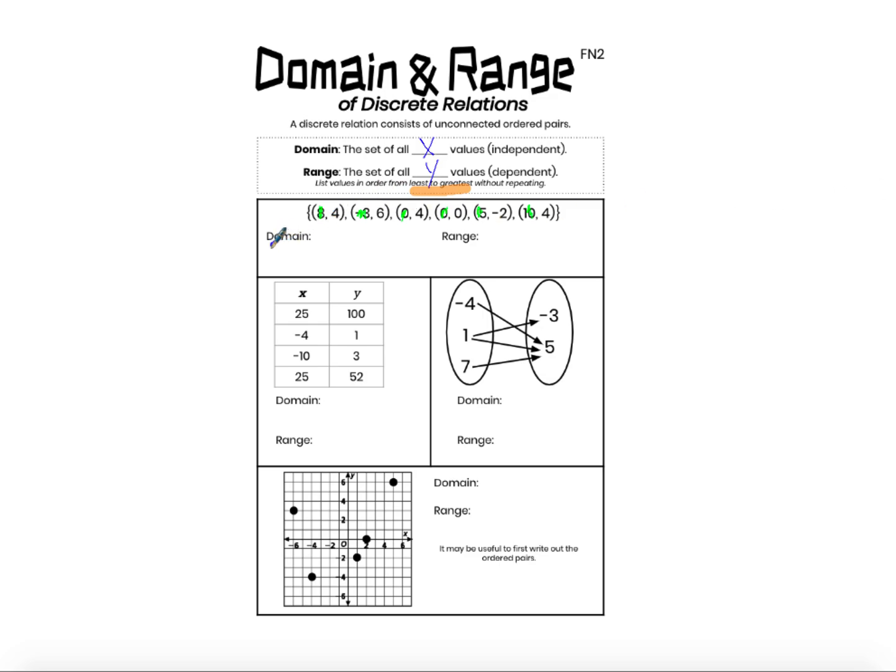That indicates that we're giving the set of all possible x values, so the list.